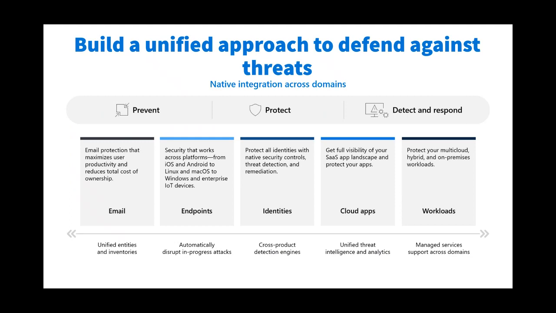By bringing all these signals together, they can enable capabilities that are otherwise impossible, such as a full unified view of entities, managed services support across domains, centralized vulnerability management that crosses the security layers, advanced cross-platform detection engines powered by their threat intelligence, and even artificial intelligence and machine learning.